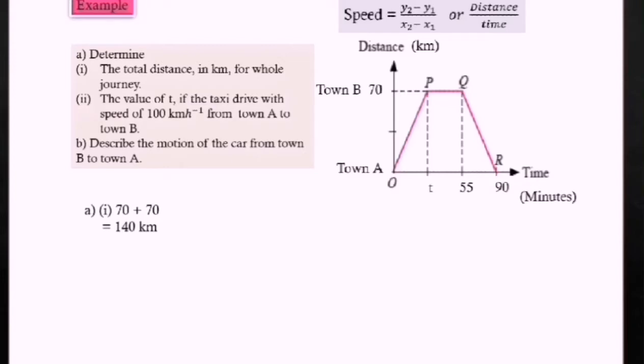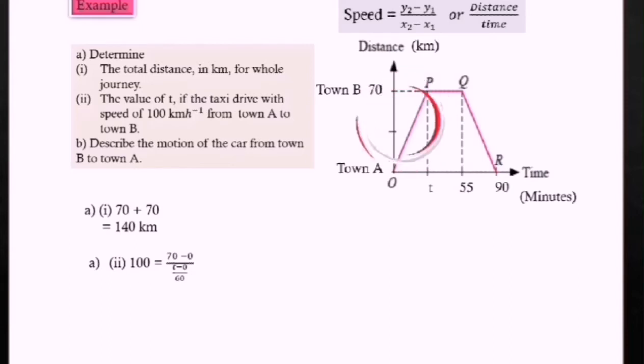A2. The value of t if the taxi drive with speed of 100 km per hour from town A to town B. Or from town A to town B, this part, or P here. So 100 equal to 70 minus 0, the distance, over the time. Don't forget here is minutes, but the unit is in hour.